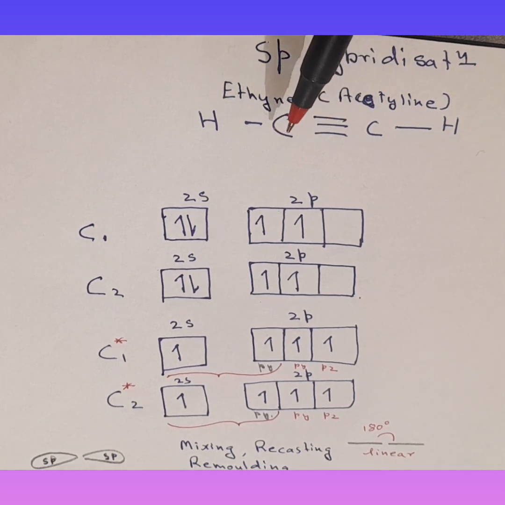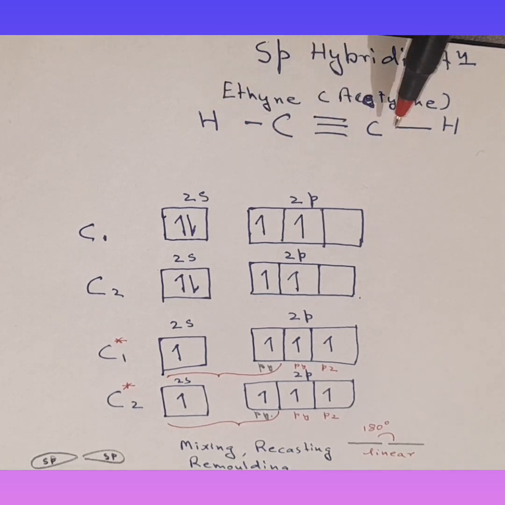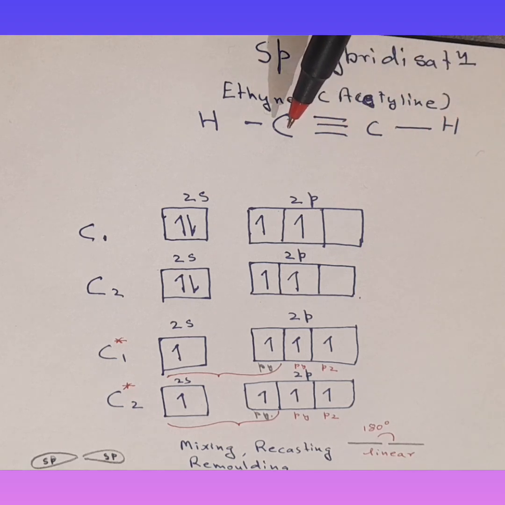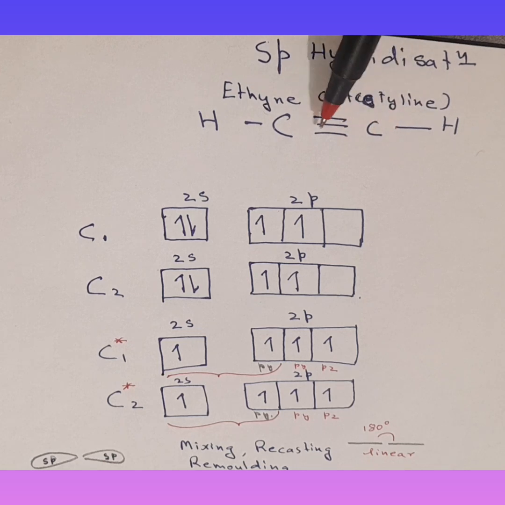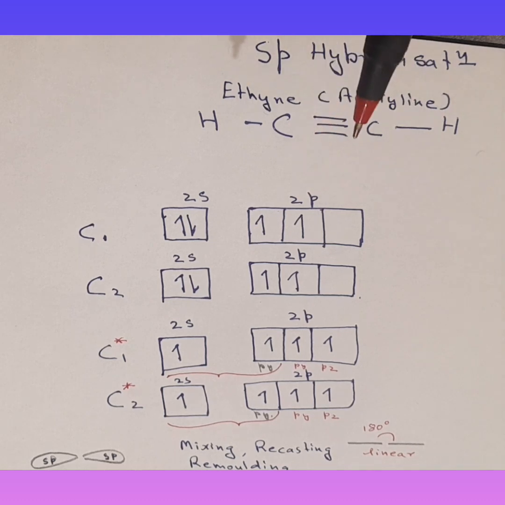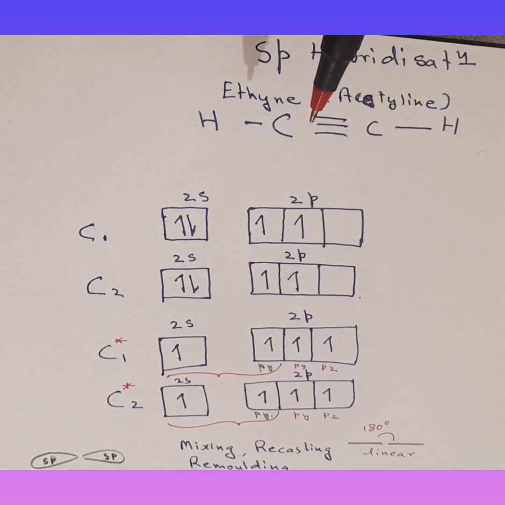The types are s-sp, s-sp, two sigma bonds, and here it is sp-sp, a sigma bond, and we can call these py overlap pi bond and pz overlap pi bond. So see, I didn't have to draw the structure. Now you yourself know the types of bonds, sigma or pi.